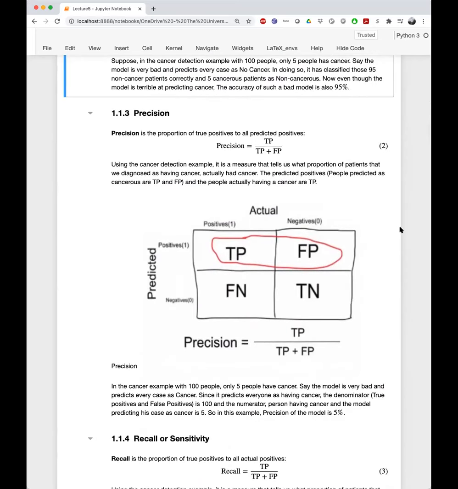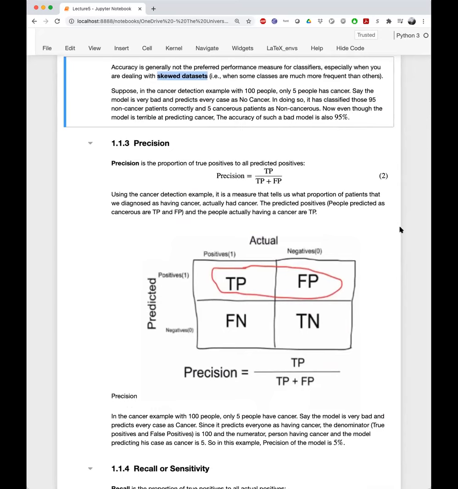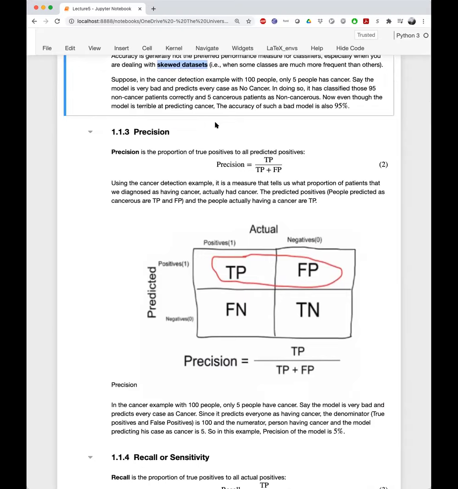All right, since accuracy cannot work for all cases or all problems, we need to define some other metrics. The first one, which is very famous, is called precision, and the next one is recall. They're both pretty famous when we talk about metrics for classification.